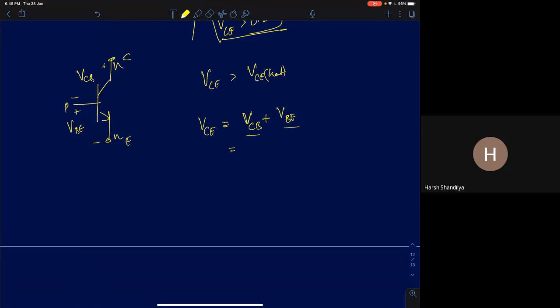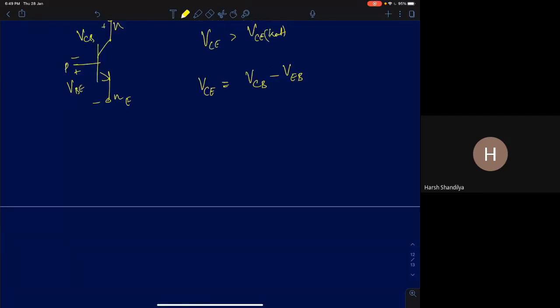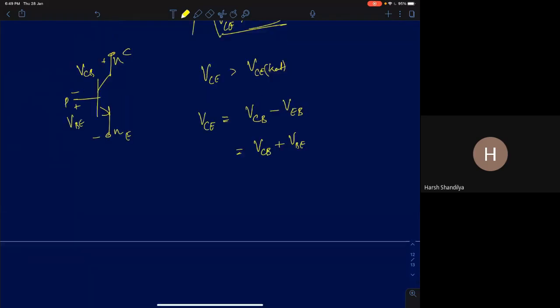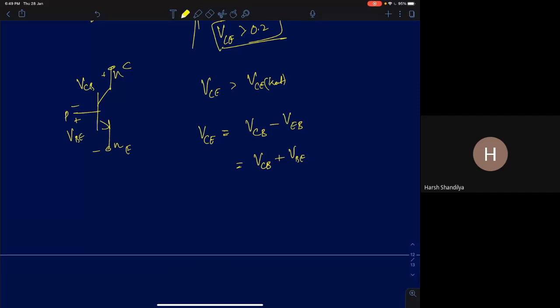Base is the common terminal, so we can write VCB minus VEB. Then this can be written as VCB plus VBE. VCB in that case should be negative, which will be a reverse bias diode. Yeah, VCB is a reverse bias voltage.